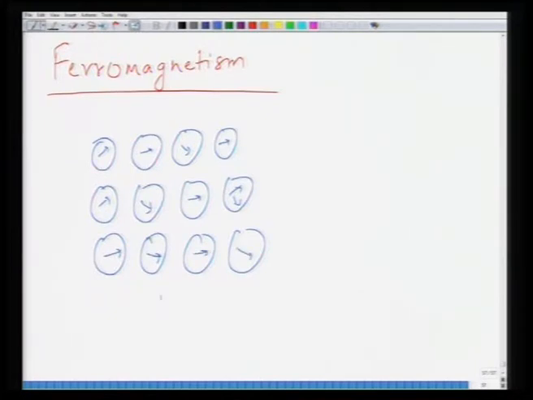This is the situation when H is equal to 0, but M is not equal to 0. So, there is a finite magnetic moment in the absence of applied field. Now, when you apply a field H to such a material, then all the magnetic moments eventually align themselves in the direction of the applied field.